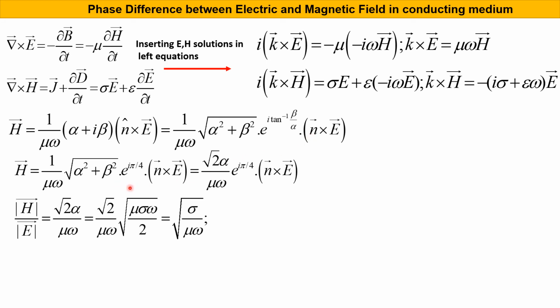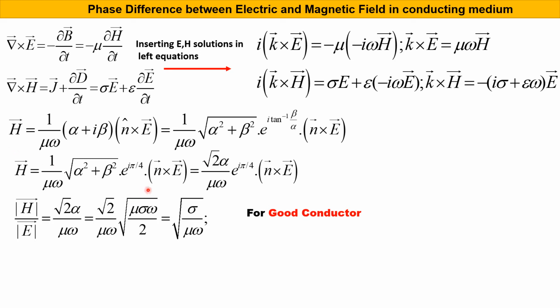Now you can see that phi becomes pi by 4, that means tan inverse 1, which is pi by 4, 45 degree. That is only for a good conductor, these two terms. Specifically for a good conductor, the magnetic field vector reduces to this equation. So there will be a phase difference between the magnetic field density and the electric field in a good conductor, and that phase difference will be 45 degree.